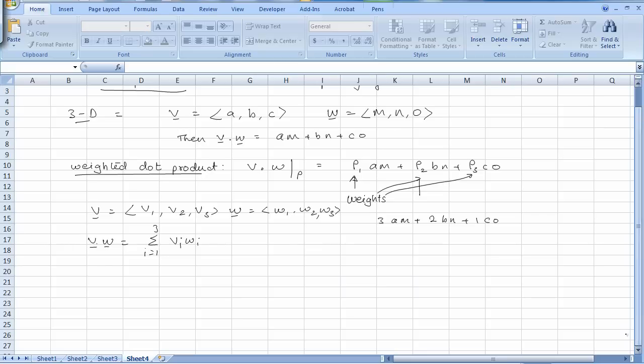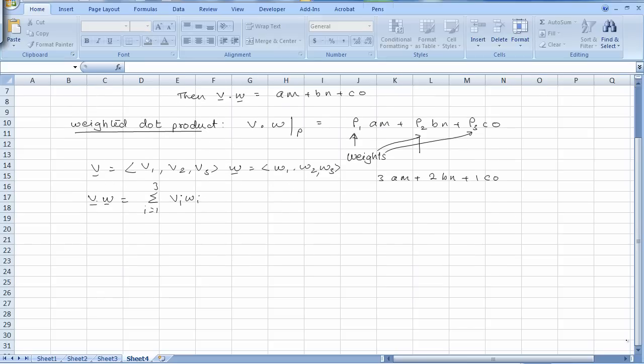Now what I want to be able to do is generalize this to functions. So I want to do the following: if I'm given a function f and another function g, what is their dot product?